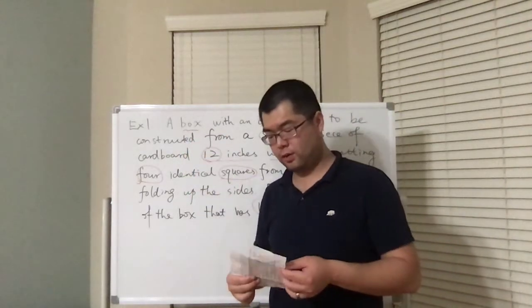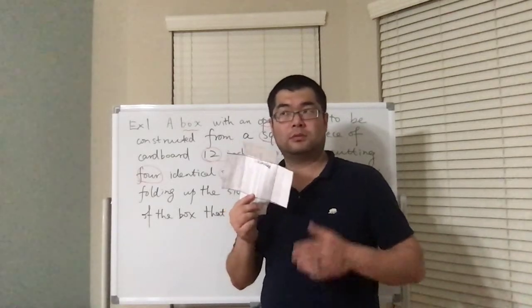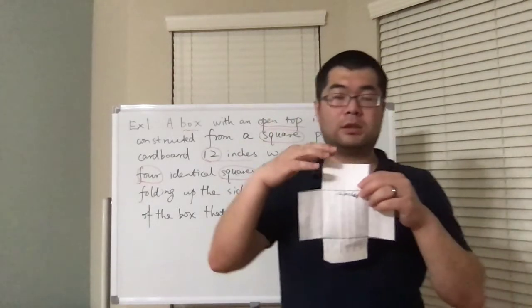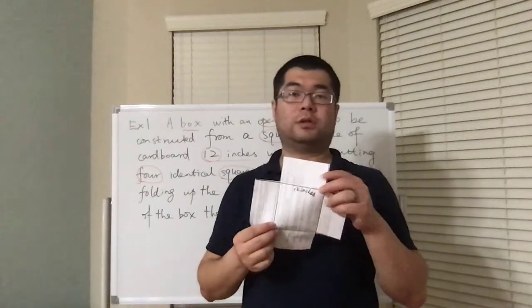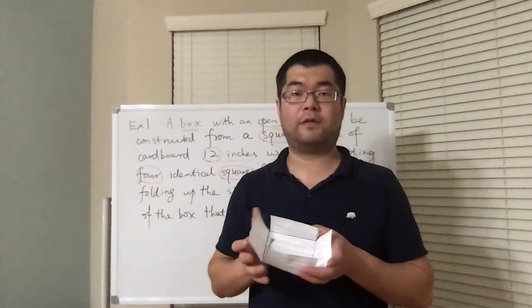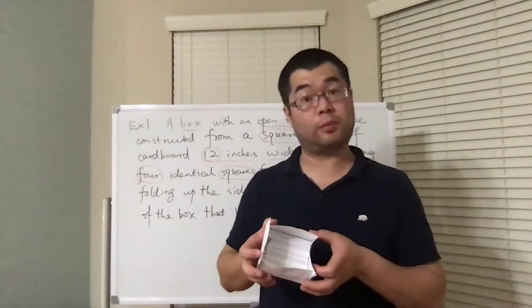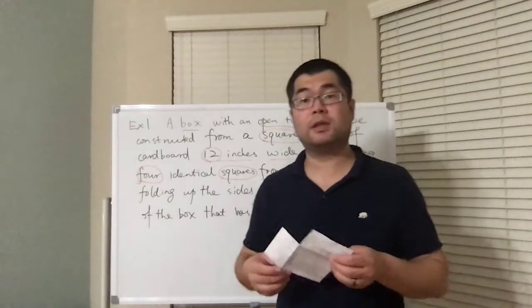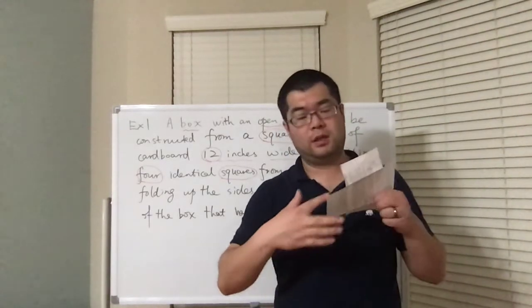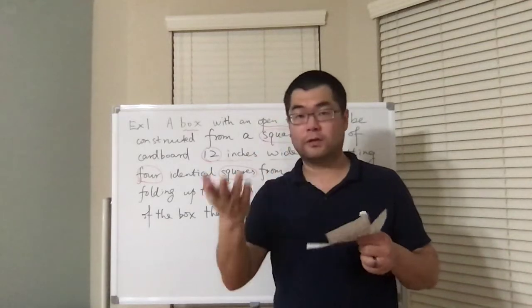And then the question is, how should I cut the corner squares such that this box is gonna have its maximum volume? As you can see, guys, different cuts, different sizes of the corner squares, will give you different volume.